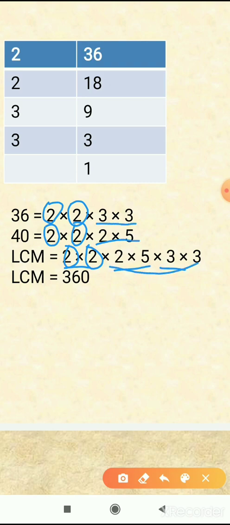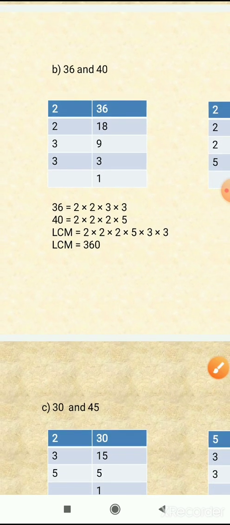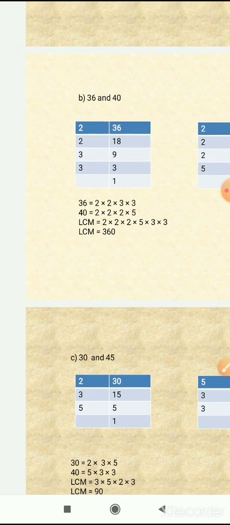To get the LCM, we multiply common and uncommon factors. By multiplying 2 by 2 by 2 by 5 by 3 by 3, we get the product 360. So the LCM of 36 and 40 is 360. In this way we find the LCM of 36 and 40.